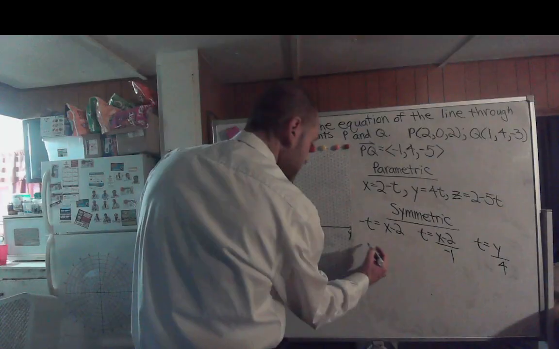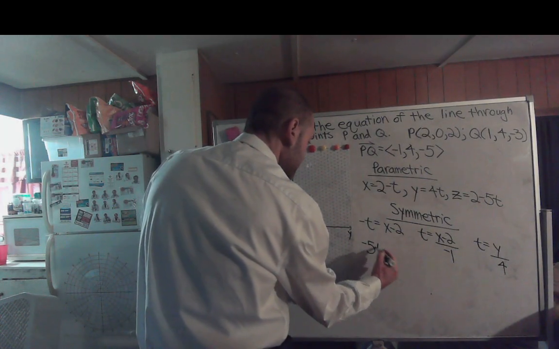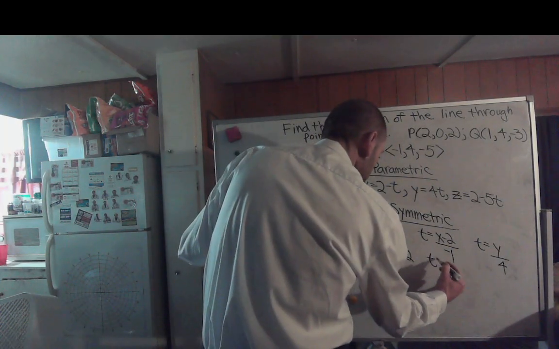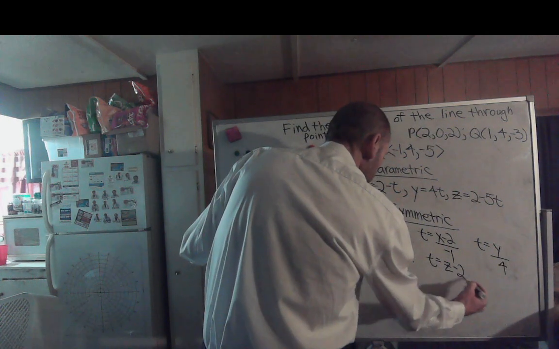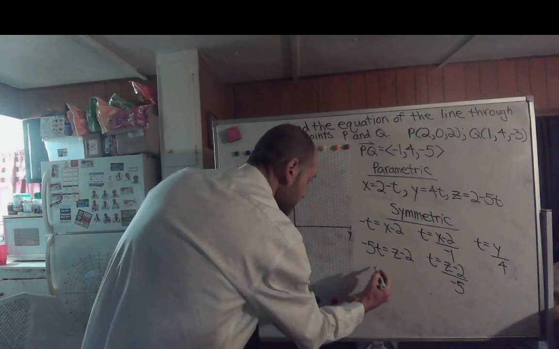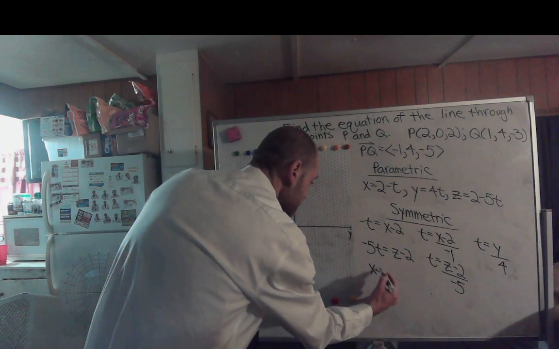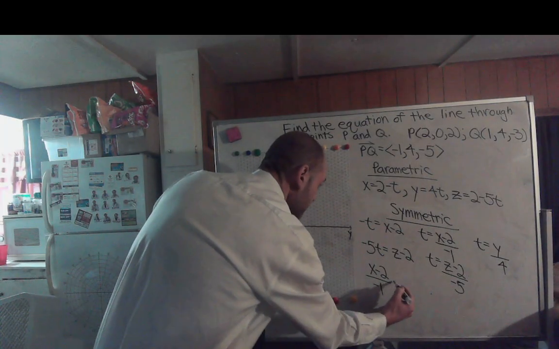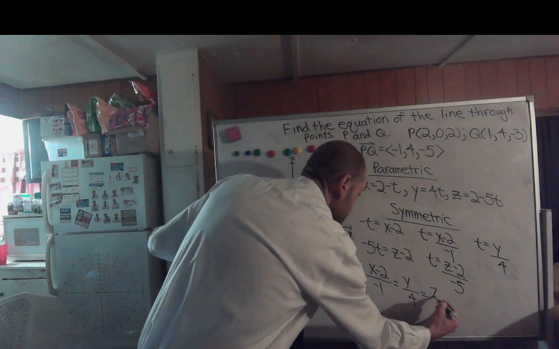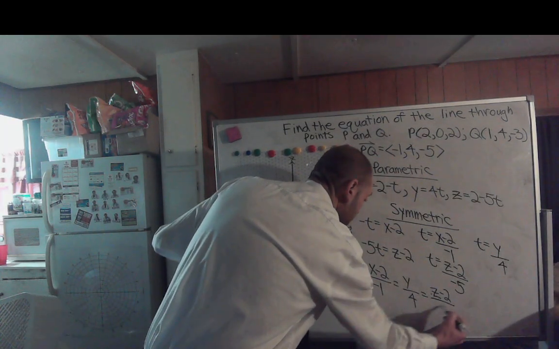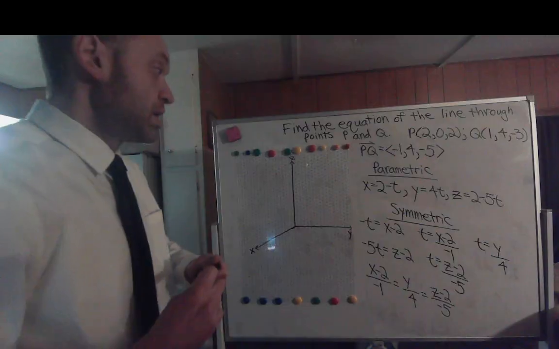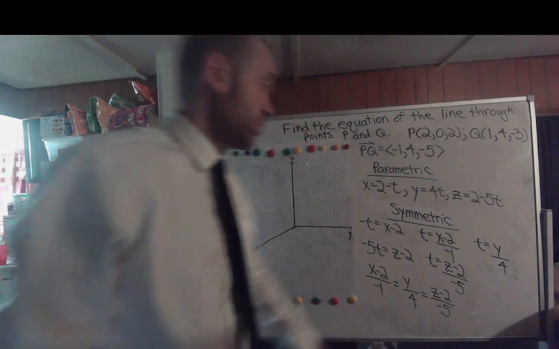Do it for z, you would end up getting negative 5t equals z minus 2. So t equals z minus 2 over negative 5. So your symmetric equations are going to be x minus 2 over negative 1 equals y over 4 equals z minus 2 over negative 5. Okay, so those are your symmetric equations.